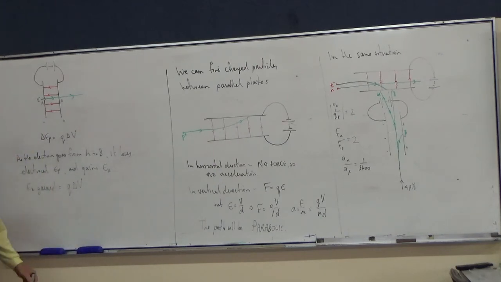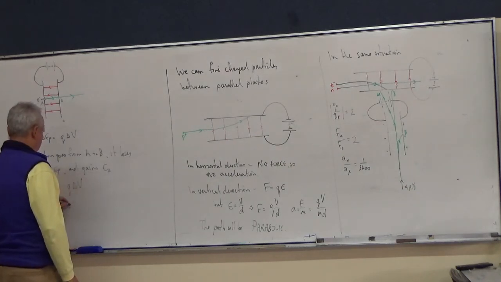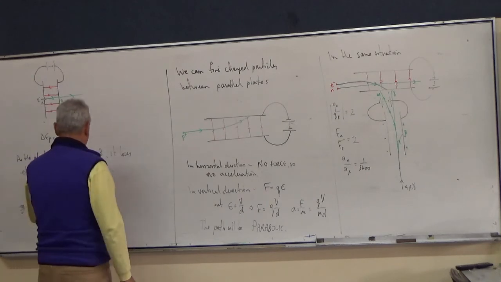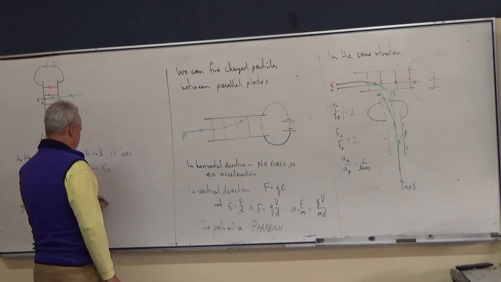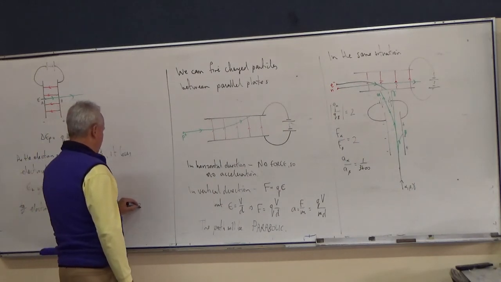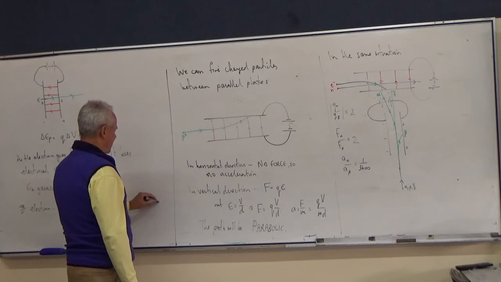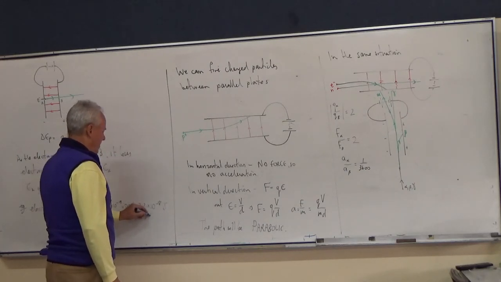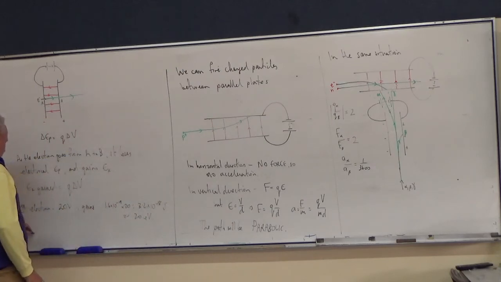EK gains Q delta V. 1.6 by 10 to the minus 19 times 20 equals 3.2 by 10 to the negative 18 joules, or 20 electron volts. Alpha particle.